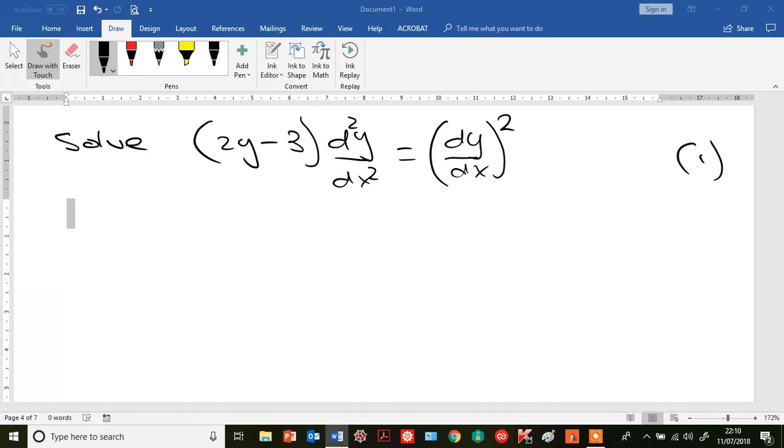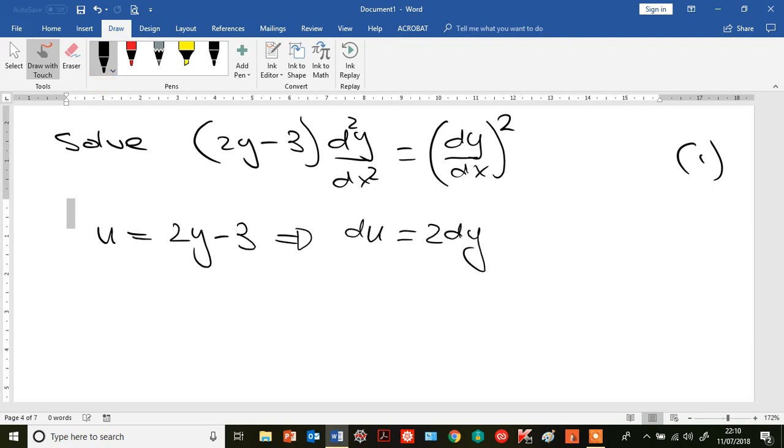Right, okay, so I'm going to start by letting u equal 2y minus 3. And rather than just finding du by dy, I'm going to write this as du equals 2 dy. The reason is that I want equation 1 to be in terms of u's and x's rather than u's and y's, or u's and y's and x's.